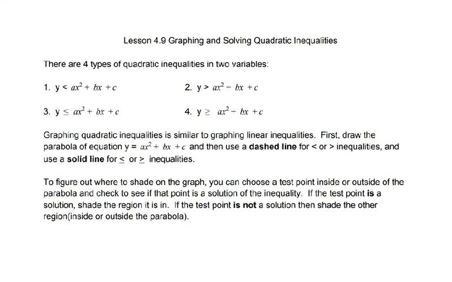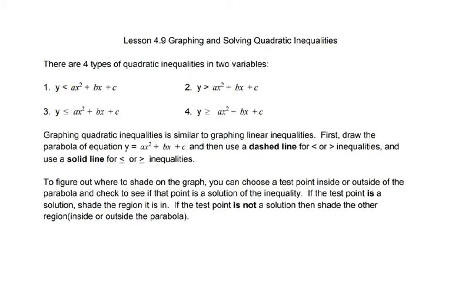So there are four types of quadratic inequalities. And we're going to use the rule based on the sign. The signs are always going to be what helps us know, one, whether it's dashed or solid, and two, whether it is shaded inside the graph or outside of the graph. And part of that is going to be using a test point.